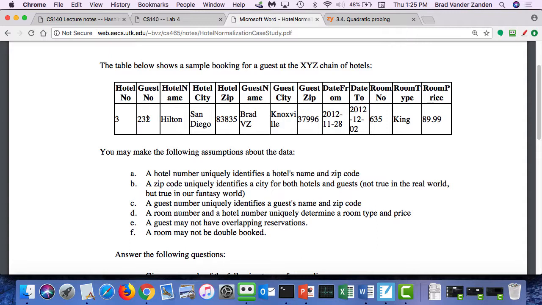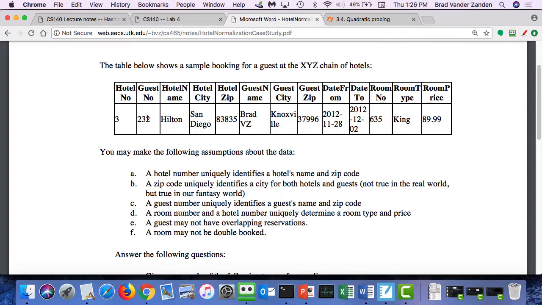Okay. There is a third one that's a little more subtle here. Okay, it depends if the guest number is the primary key, there's no insert anomaly on guest.